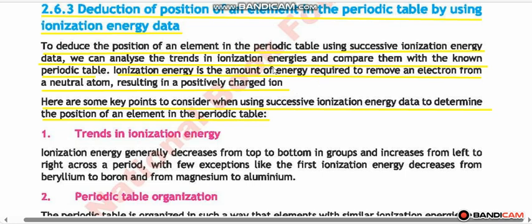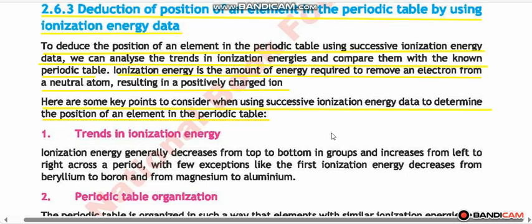For that purpose we need to have a periodic table having certain ionization energy data, and if we want to find the position of that element, then we will compare its value with the given periodic table.